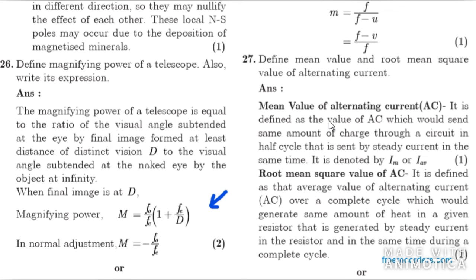Mean value is defined as the value of alternating current which would send the same amount of charge through a circuit in half cycle that is sent by steady current in the same time, and it is denoted by I mean or I av. Whereas root mean square value of alternating current is defined as the value of alternating current which would generate the same amount of heat in a given resistor as is generated by steady current in the resistor in the same time during a complete cycle. So those are the two definitions of mean value and root mean square value of alternating current.